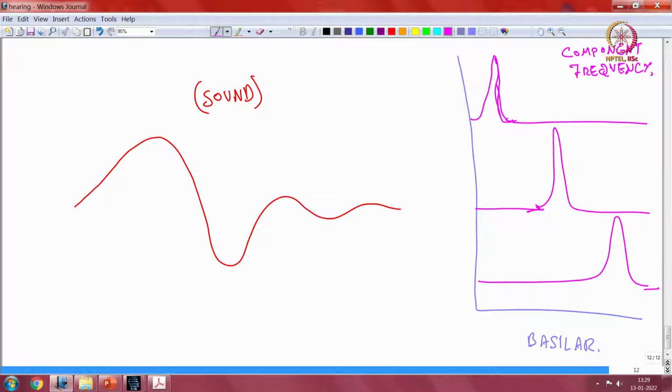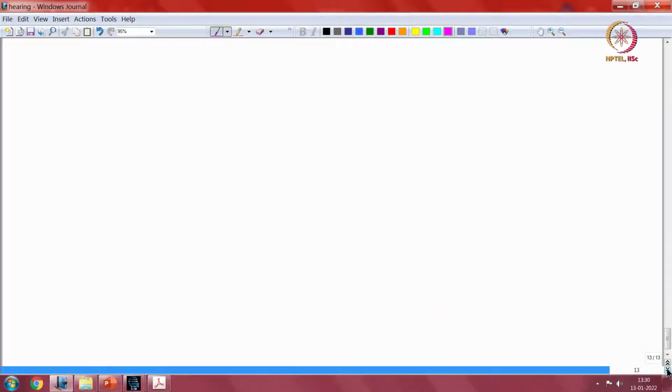So, complex sound is split into component frequencies, and that is the function of the basilar membrane.